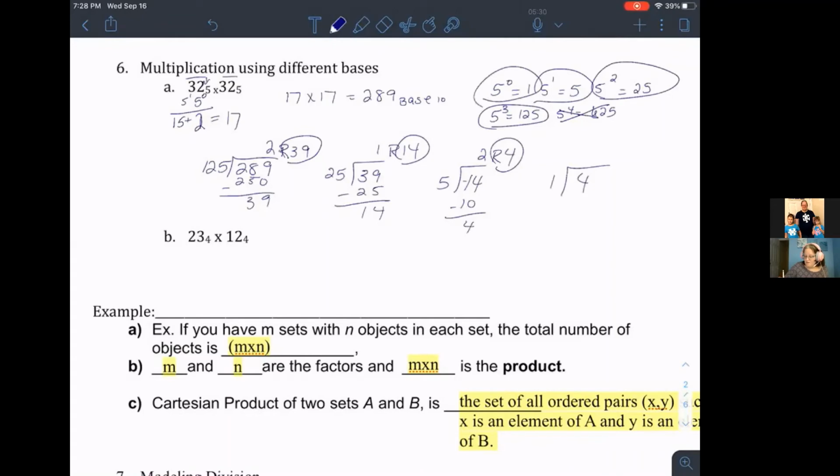So 4 divided by 1 is 4, with a remainder of 0. So our answer is going to be 2124 base 5.